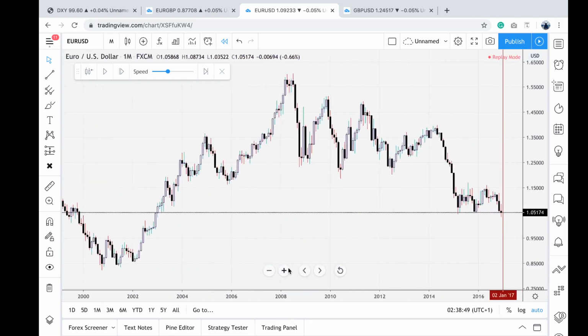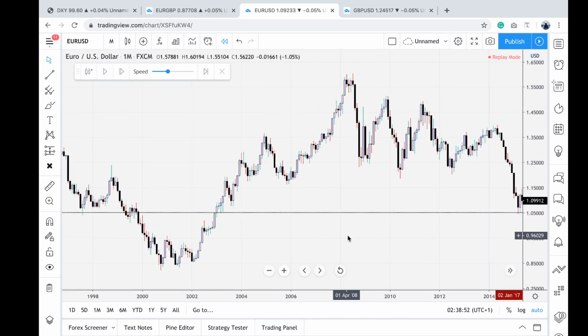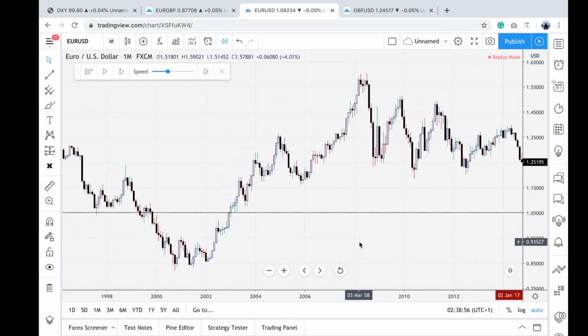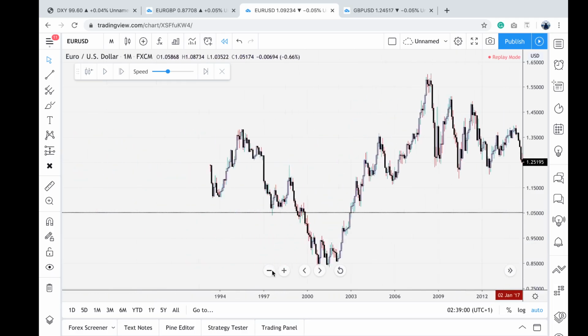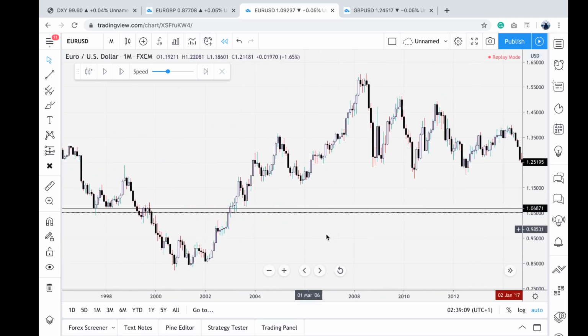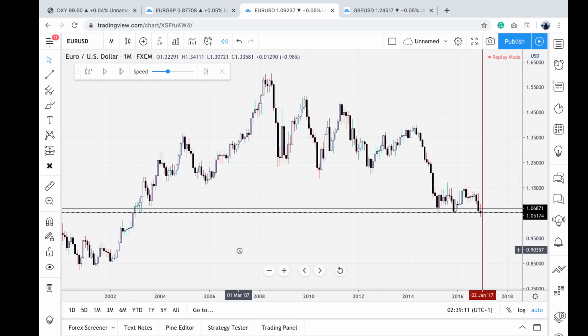On a monthly basis, there isn't really much to reference, except this was an old high back here in the monthly. That was a level where price showed a nice direction off that level. Other than that, there's nothing much to reference.